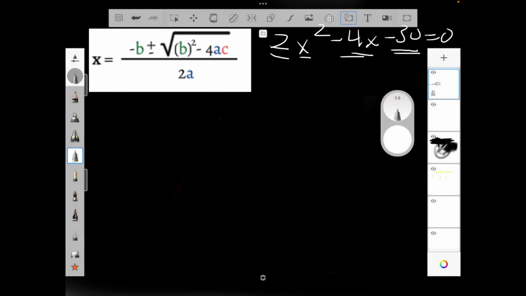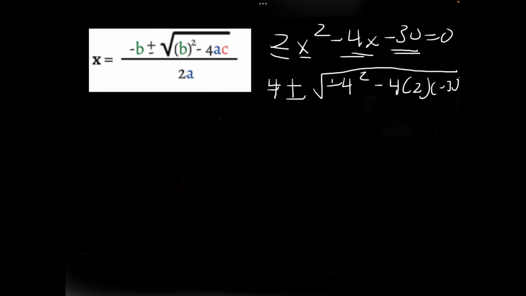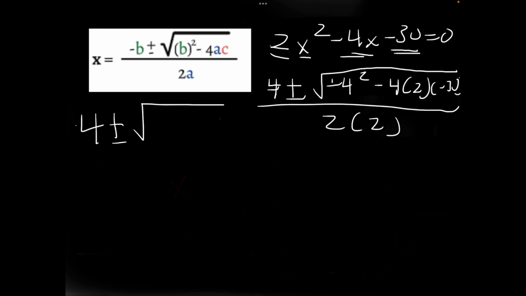The b would be negative 4, so it would just be 4 plus or minus the square root of negative 4 squared minus 4 times 2 times negative 30, under 2 times 2. So that is just 4 plus or minus the square root.